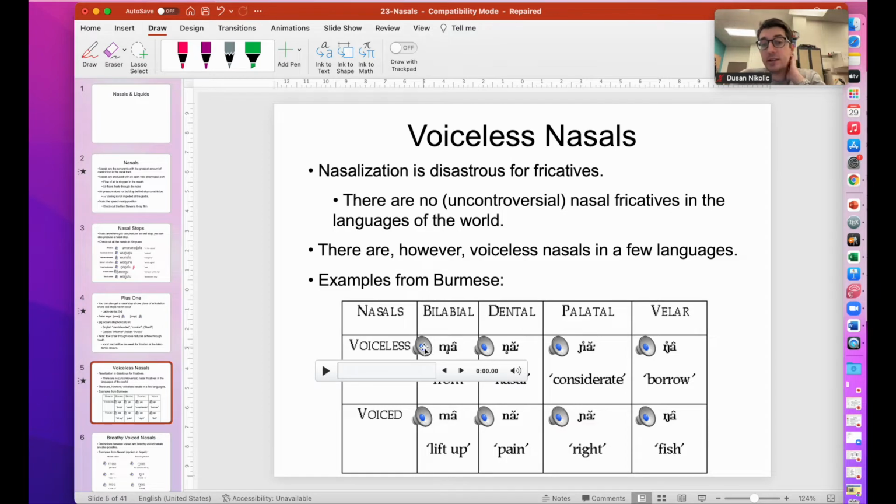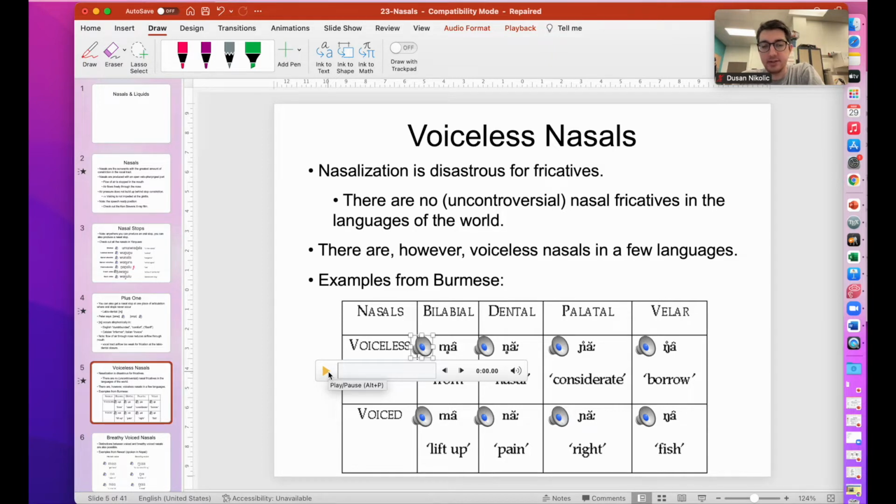What you can make are some voiceless nasals in a few languages, such as Burmese, ma, instead of ma. I'll just play for you voiced ones. Na, nya, na. I'm not imitating their intonation, but never mind.